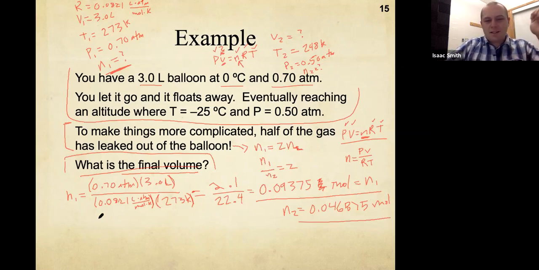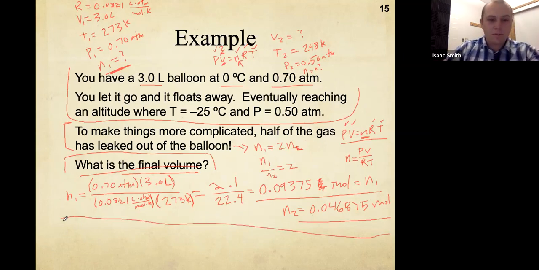So now let's look at the second half of this problem. We know N, so we can take the pressure times volume equals NRT, right? Okay. So we know the initial pressure. We have that one. We don't know volume.